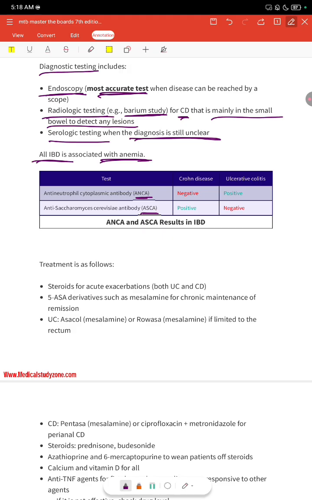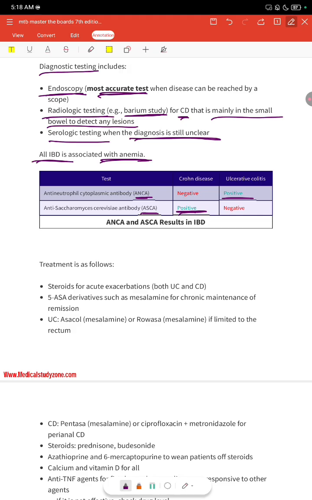So the ANCA test is positive in ulcerative colitis, while the ASCA test is positive in Crohn's disease.